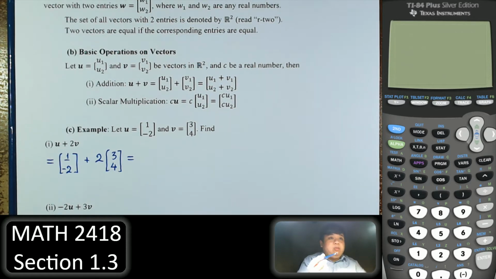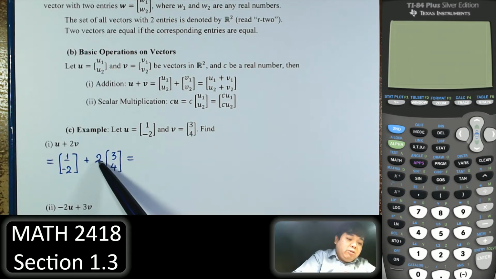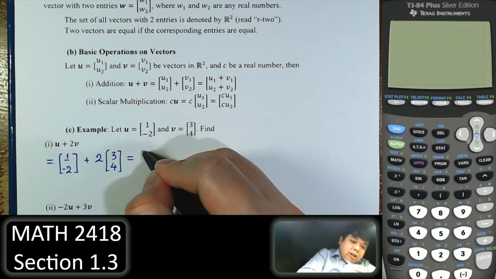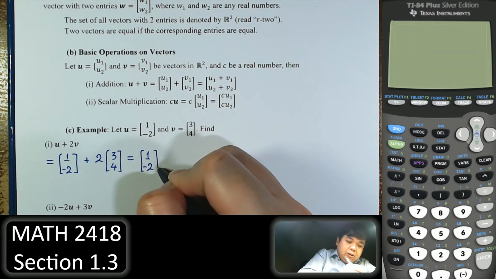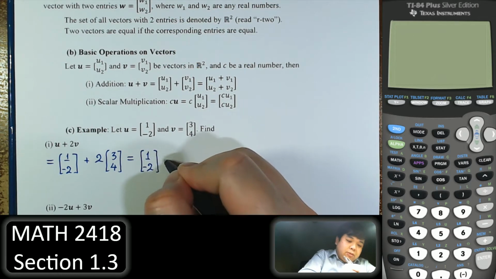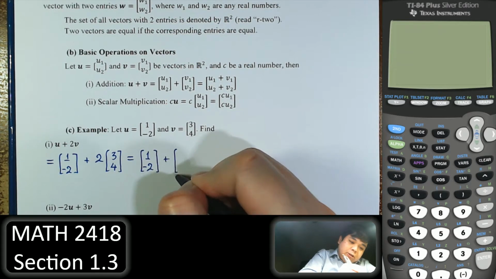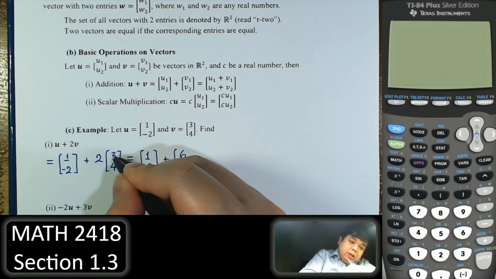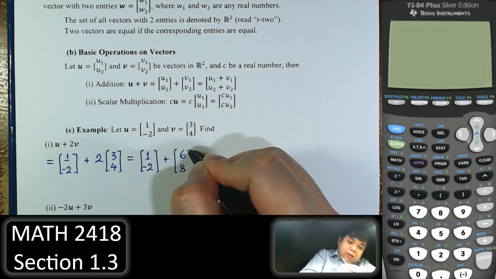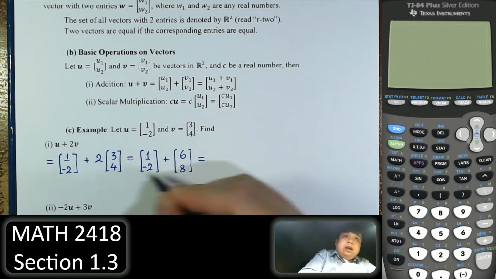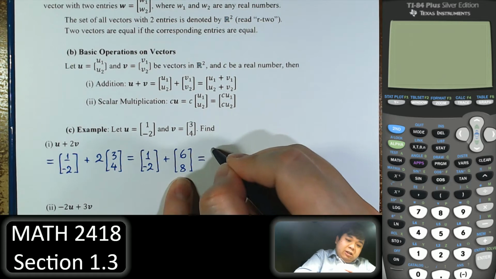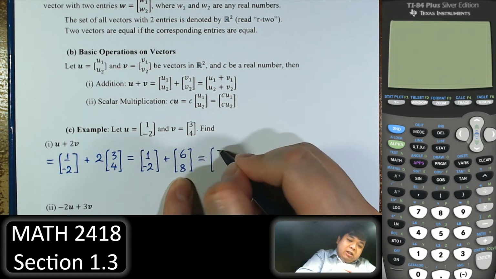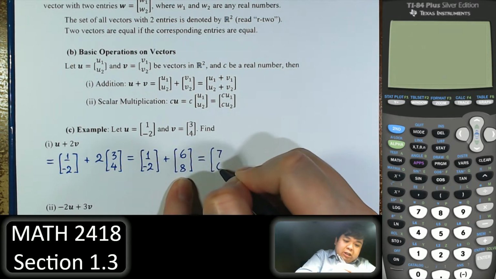Just like all operations, we do multiplication first. Multiply 2 into the second vector: 2 times 3, 2 times 4. And then we add the vectors. 1 plus 6 is 7, negative 2 plus 8 is 6.